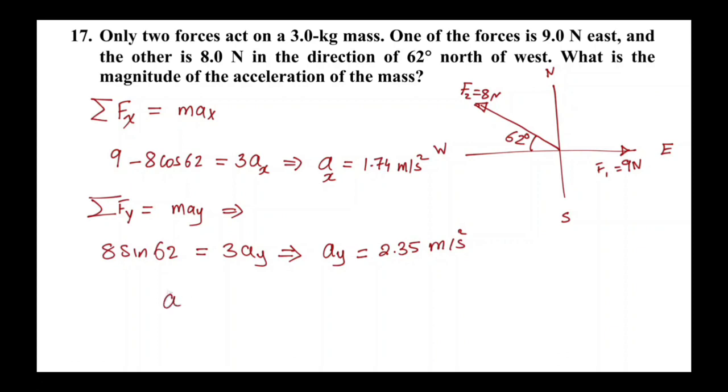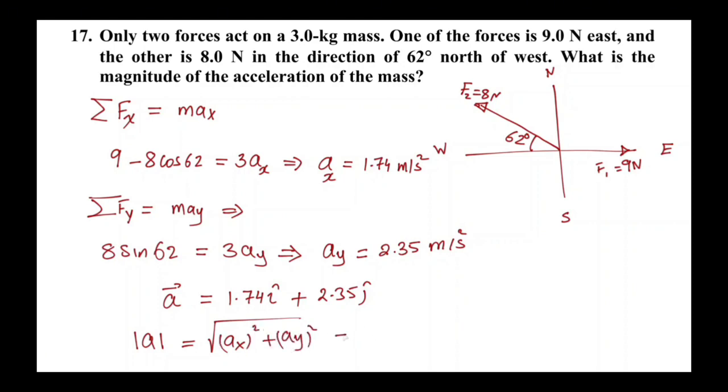So a as a vector equals 1.74i plus 2.35j, and the magnitude of a is equal to the square root of a_x squared plus a_y squared, in other words 2.92 meters per second squared.